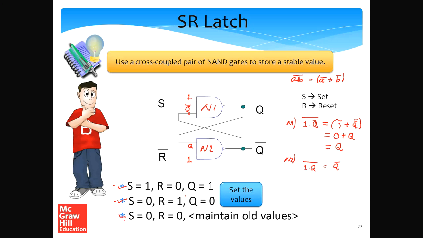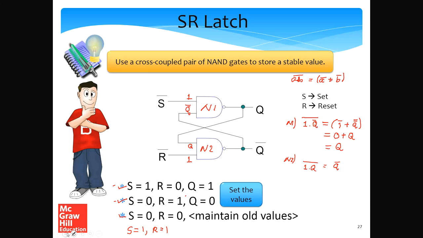And we have a way of maintaining the value, which means whatever value is there in the latch, it remains. That can be done by setting S as 0 and R as 0. So if both S and R are grounded, the latch will maintain its value essentially forever, which is exactly what we wanted to do. So naturally readers will ask, what happens if we set S as 1 and R as 1?